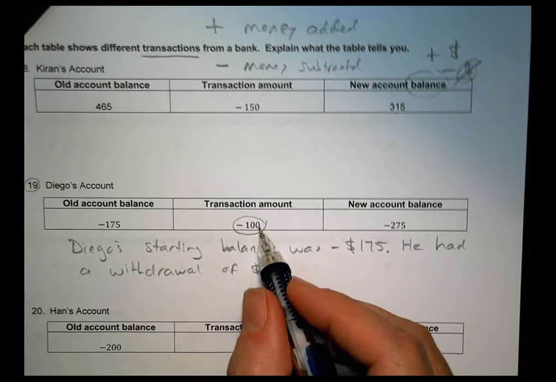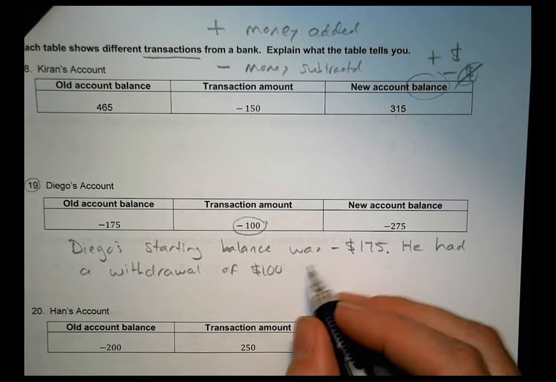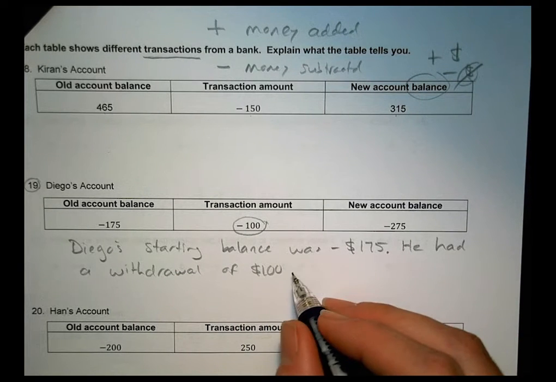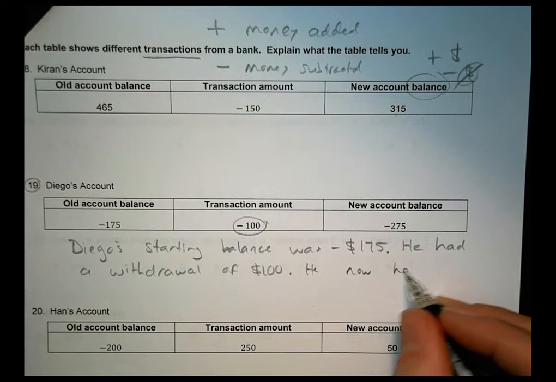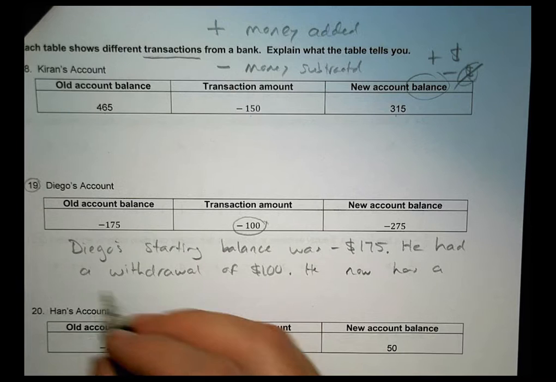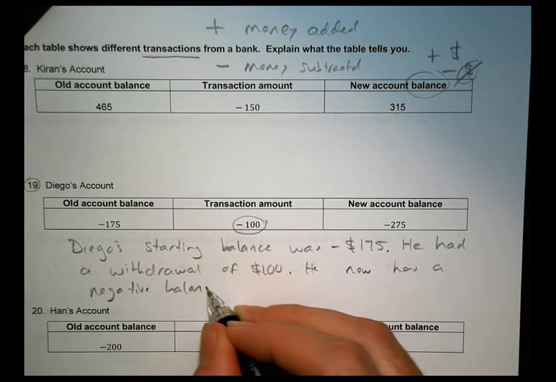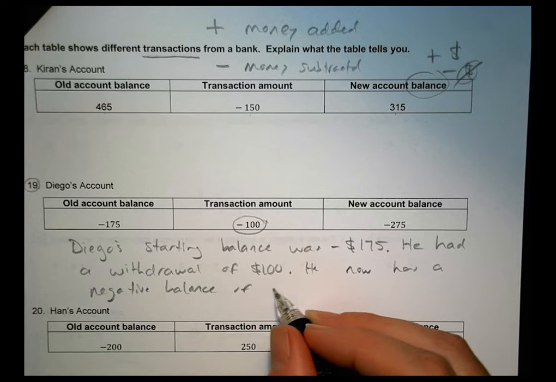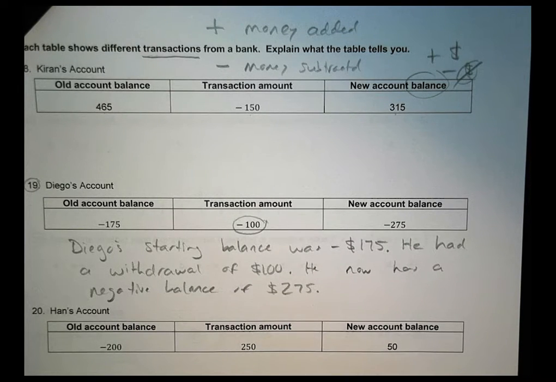So he had no money, and he took out another $100, which he didn't have. So he had a withdrawal of $100. He now has a negative balance of $275.